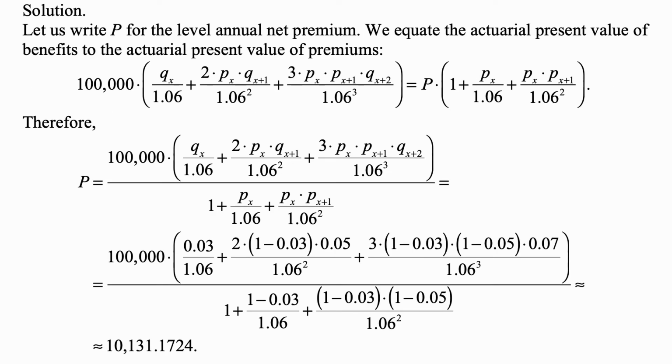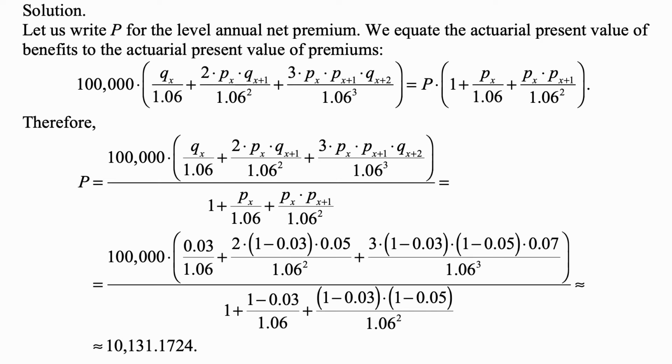And here's the solution. Let us write P for the level annual net premium. We equate the actuarial present value of benefits to the actuarial present value of premiums, and we obtain 100,000 times q_x over 1.06 for the death benefit in the first year. And then the second term that 100,000 is multiplied by is 2, because the benefit in the second year is 200,000, times p_x, survival of the first year, times q_{x+1}, death in the next year, divided by 1.06 squared, because the benefit is paid at time 2, so the present value needs to be calculated by discounting over 2 years at 6%.